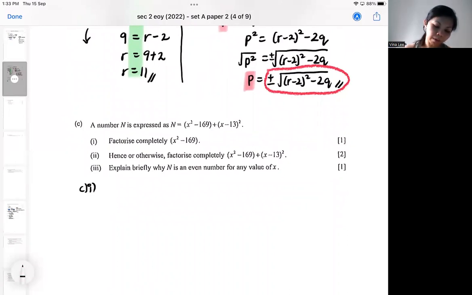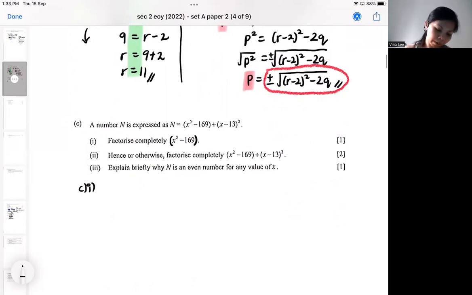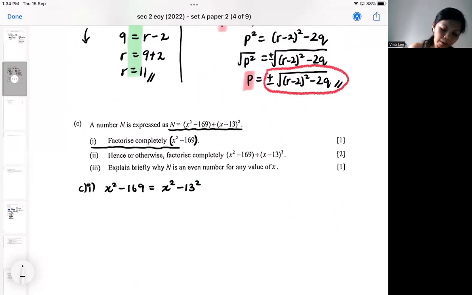The first part says factorize completely. Factorize means you just need to apply your method. There is no solving. This looks like your a squared minus b squared method. For part one, you don't need to use anything else. Look at what they ask you to do, and focus on that part. No need to think so much.